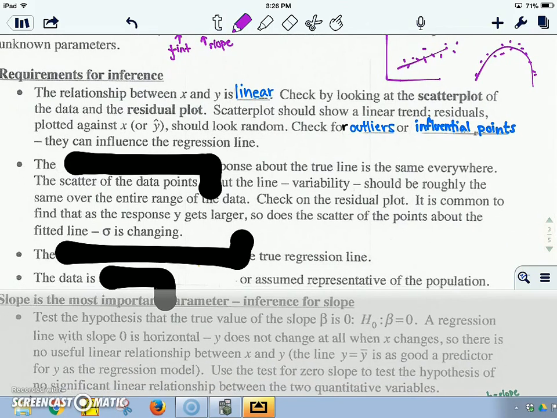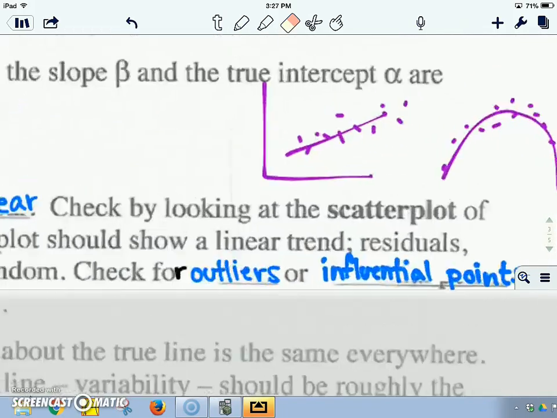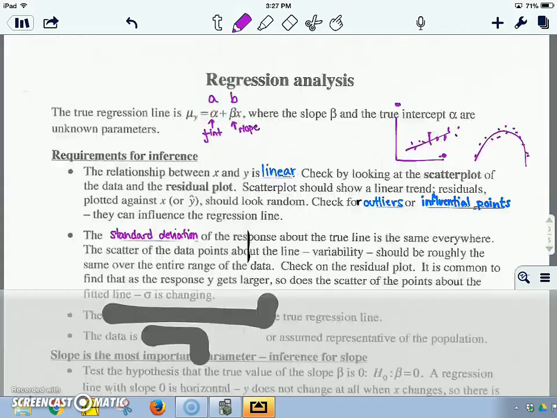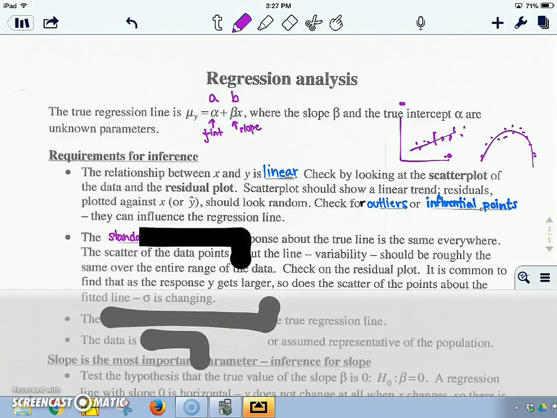Okay, the other thing we want to look at before we can do anything is that the standard deviation of the response about the true line is the same everywhere, which means that each of these little points are about the same distance away from the line. There's not one really influential and maybe one over here really far away. Okay, they're about the same scatter away from the regression line.